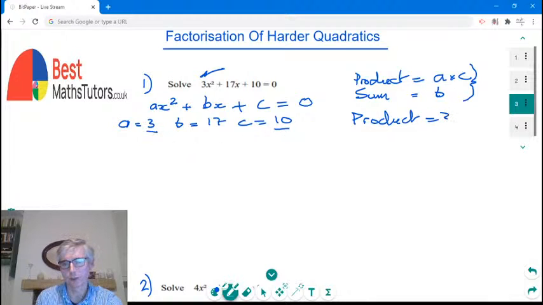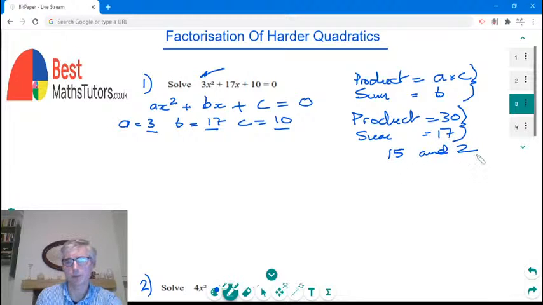We're looking for two numbers which have a product of 30 and a sum of whatever b is, and b is 17. So think about that. Two numbers which multiply to make 30 but add to make 17 are actually 15 and 2, because 15 plus 2 gives us 17, and 15 times 2 gives us 30.